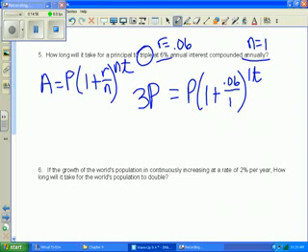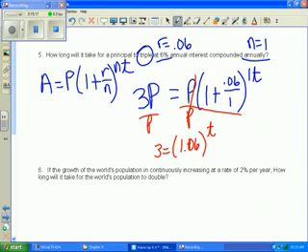And so whatever it is, it's 3 times that amount. Okay? And then you just solve from there. What would you do? Divide by p's. So therefore, 3 equals 1.06 to the t. And what am I going to do now that my variable's in the exponent?